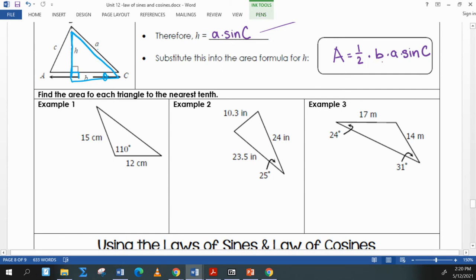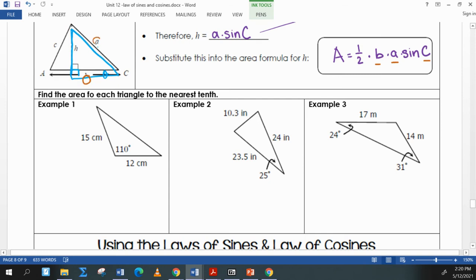What I want to point out is you don't really have to remember a, b, and c and whatnot. What you have to remember is whatever two sides you use, by the way, you have to use two sides and one angle for this. So whichever two sides you use, you've got to use the other letter for the angle. Also, I always just think about this: if you look at this triangle right over here, notice where b and a are.